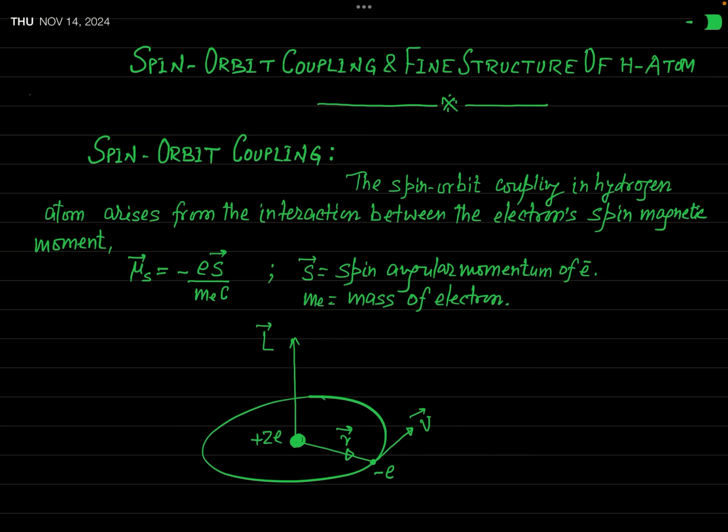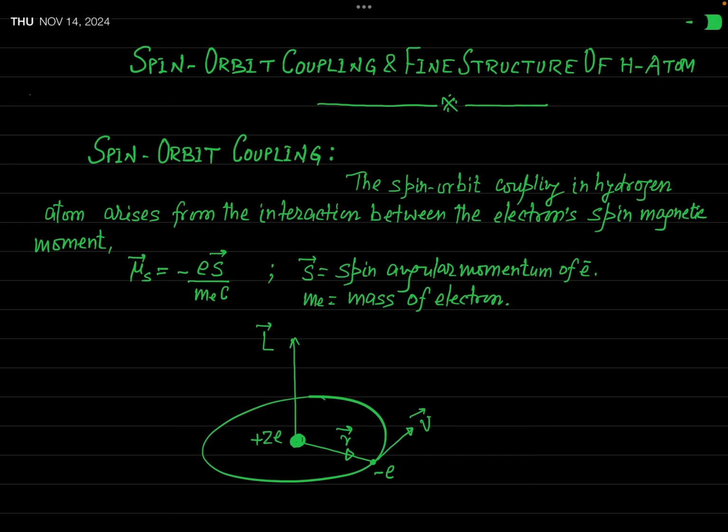But after getting the result for the spin orbit energy using the classical idea, we will convert that result into the equivalent quantum mechanical result for the spin orbit energy. So first of all, we are going to see how we can calculate the spin orbit interaction energy by the classical approach.